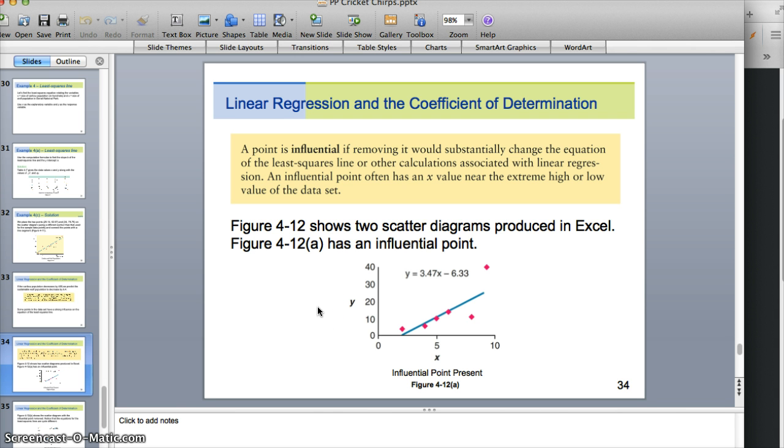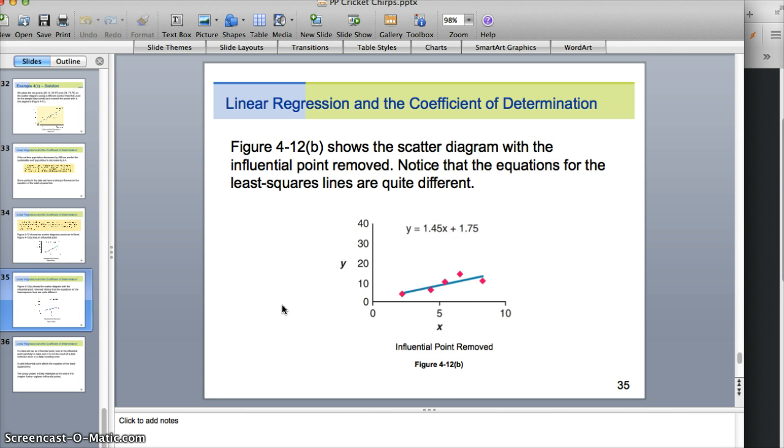A point is influential if removing it would substantially change the equation of the least squares line or other calculations associated with linear regression. An influential point often has an X value near the extreme high or low value of the data set. It's similar to an outlier. Figure 4-12 shows the scatter diagram with the influential point removed.